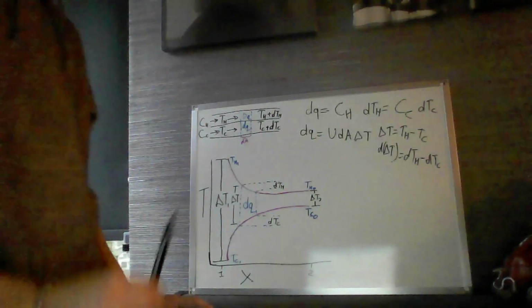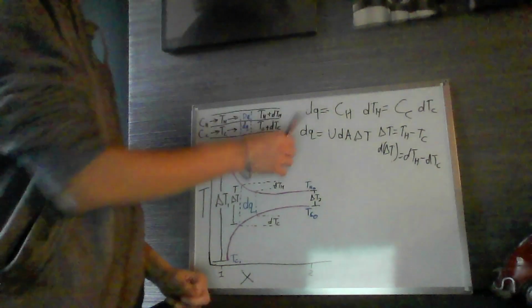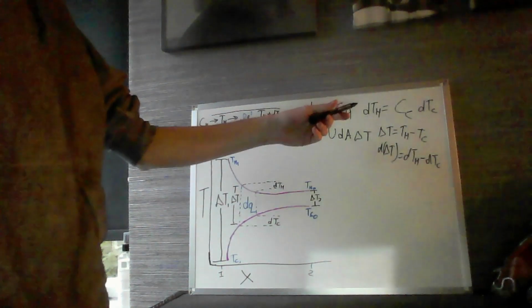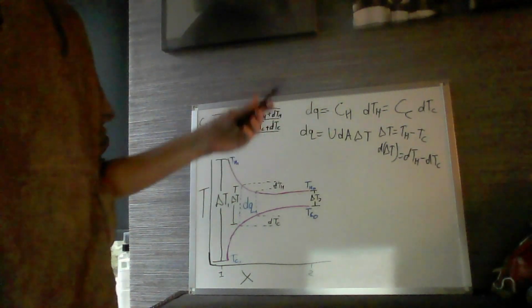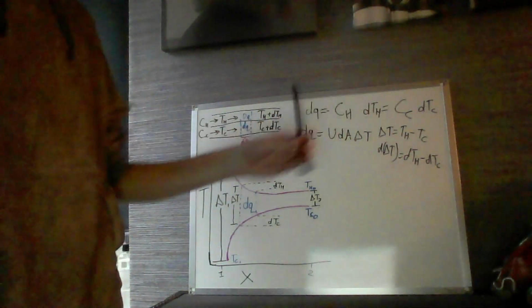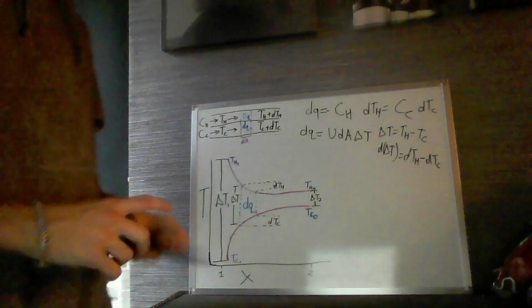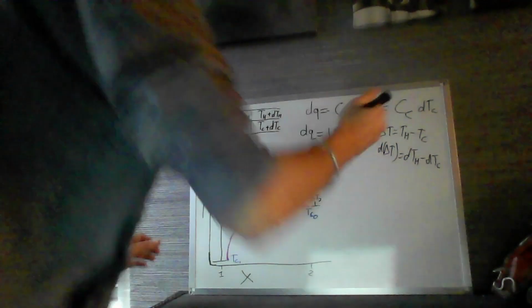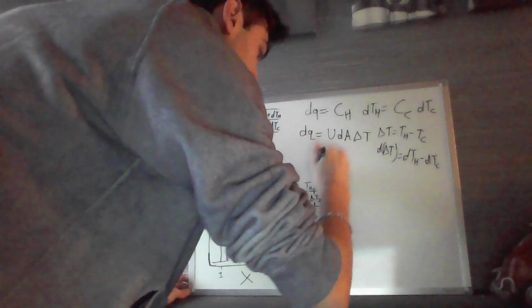Of course, we can use those to plug in our dq and C's, as dTh is simply equal to negative dq over Ch, and dTc is equal to dq over Cc. So we can go ahead and plug that into our expression for d delta T higher up.